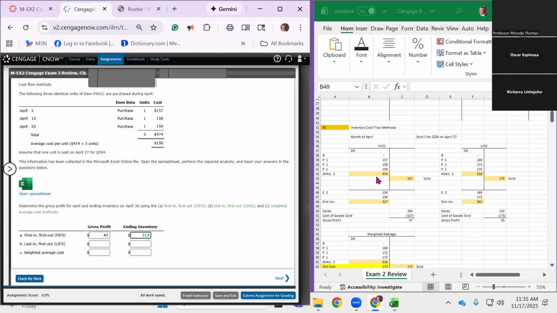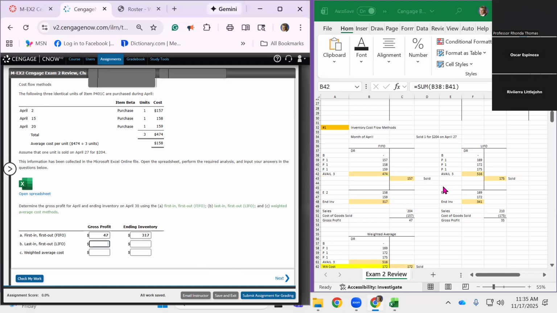However much was sold, plus however much is in ending inventory, will always equal the available amount. So the $157 sold and the cost of the ending inventory, when you add those two together, you get $474. Okay, let's move on.